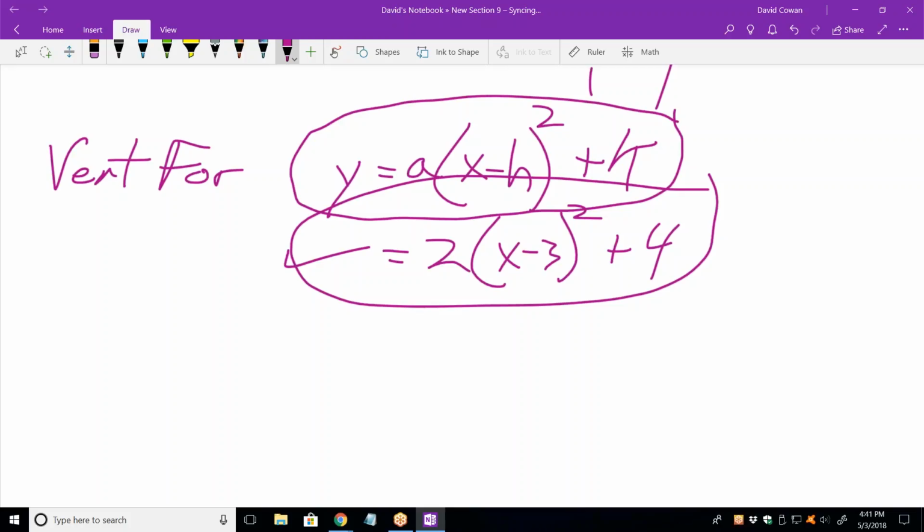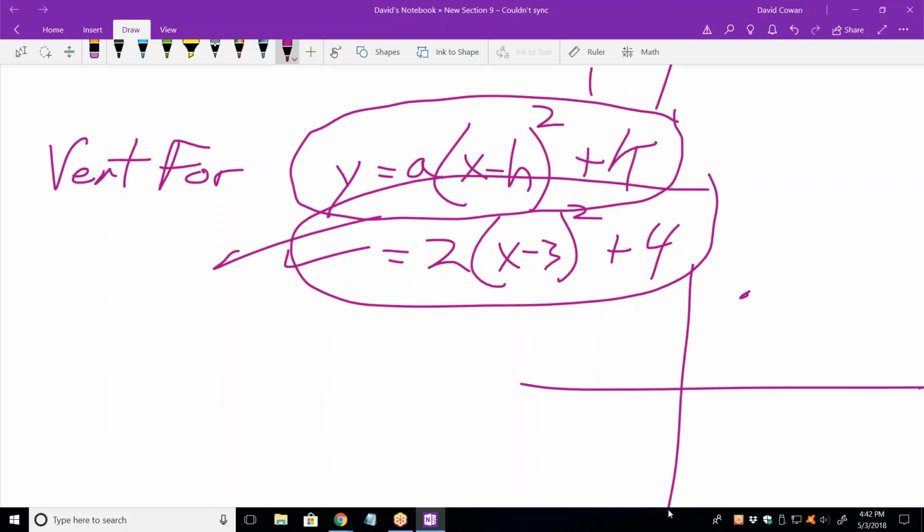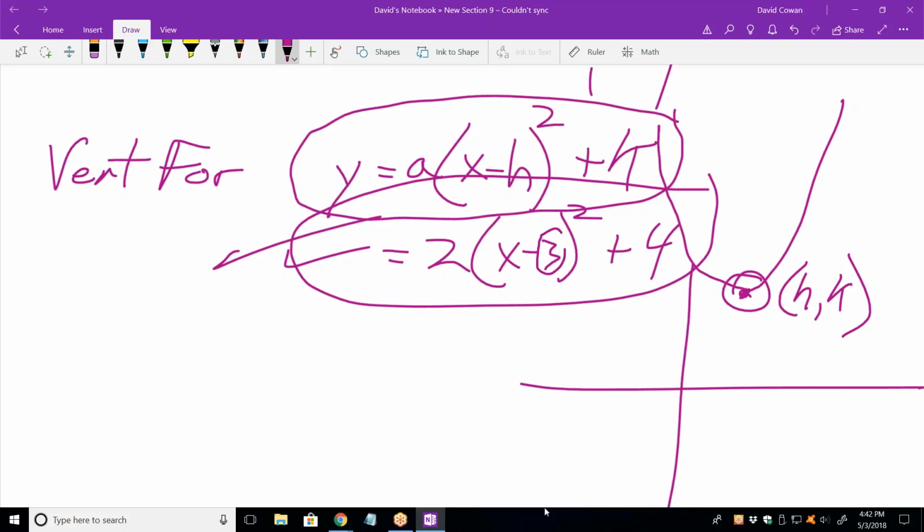So if I gave you that equation, you can immediately go to 3, 4, know that that's the vertex. Furthermore, you know that A is positive, so it opens up. So when it's in vertex format, that's the best format because it gives you a starting spot instantly. You start at H and K. That is H comma K. So in this problem, that's H, that's K.